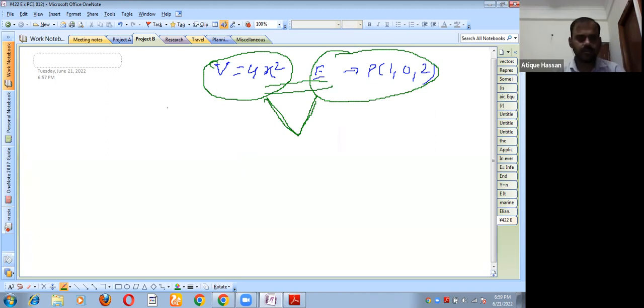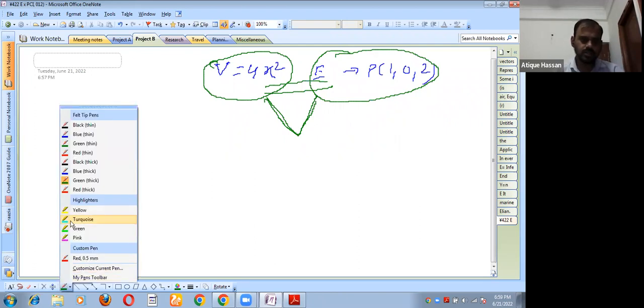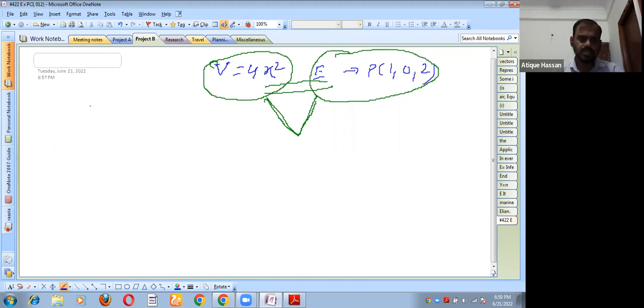So what is that formula? Remind yourself which formula relates electric field and potential. If you recall, you have read the formula E is equal to minus dV by dr. Have you remembered this formula?